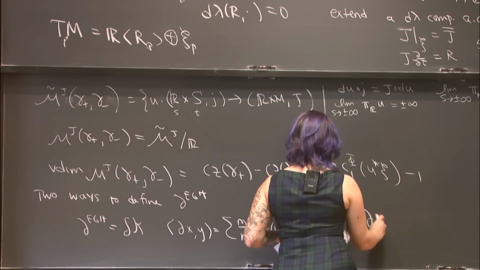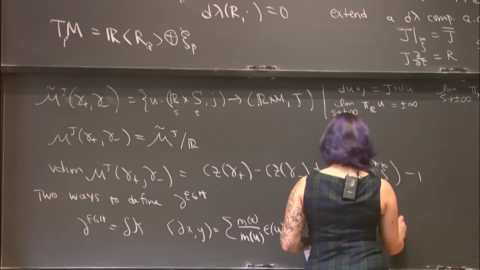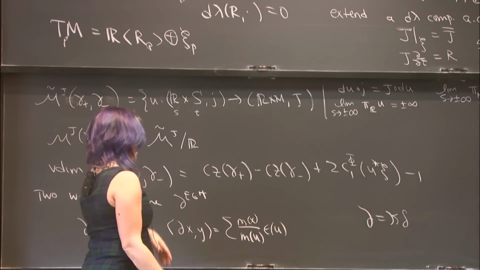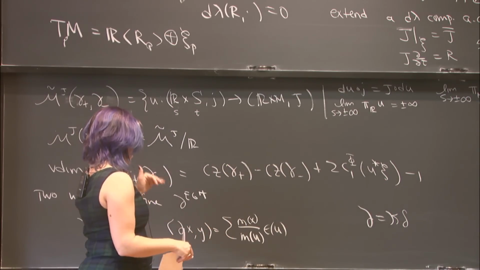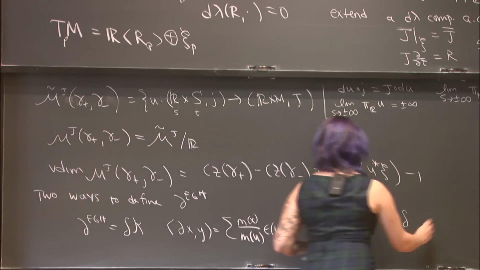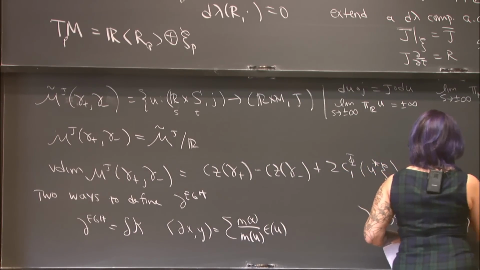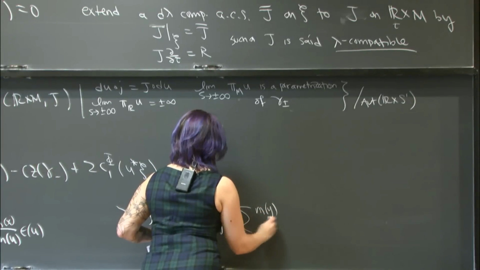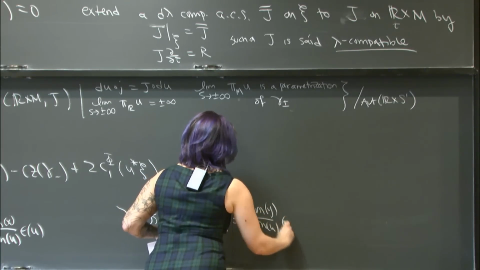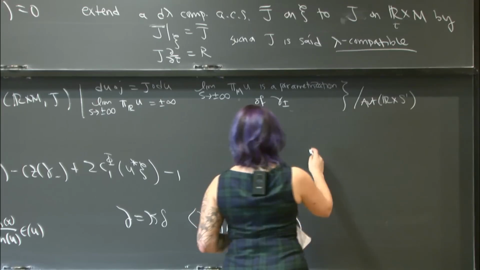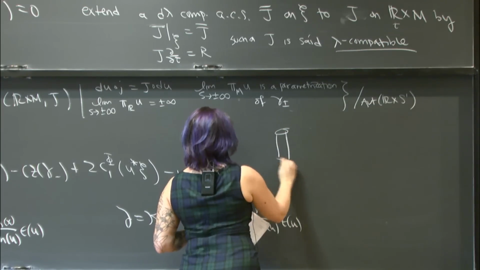Or you can define the differential to be first you divide by the multiplicity of the cylinder, and then you multiply by the multiplicity of the bottom. So you have that d x y is equal to the sum of m of y over m of u, epsilon u. And then you kind of see what's going on.